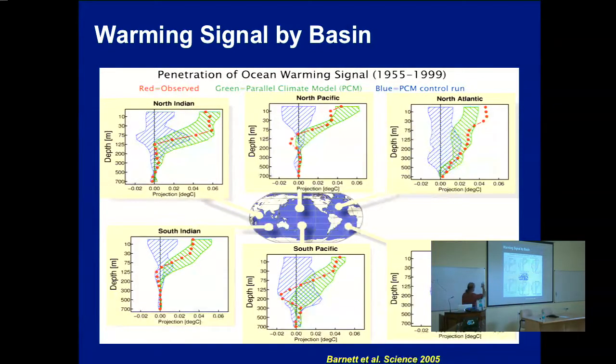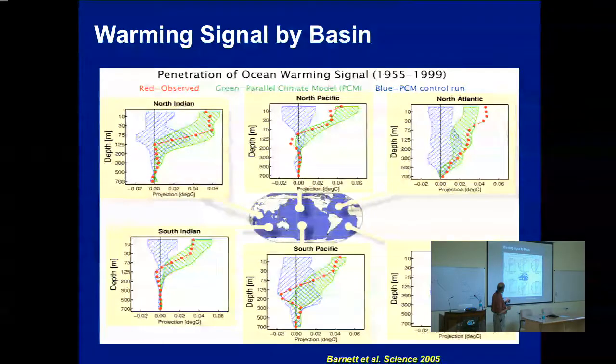So this is, if you look at individual, we use a single model, both in terms of using the natural internal variability and for the warming or anthropogenically forced climate change runs. Okay? Now, you can choose different models. How do you know?